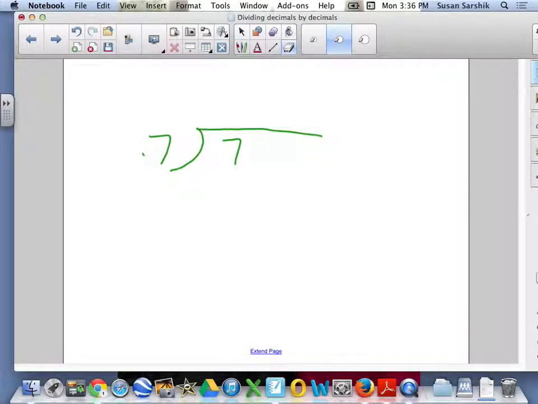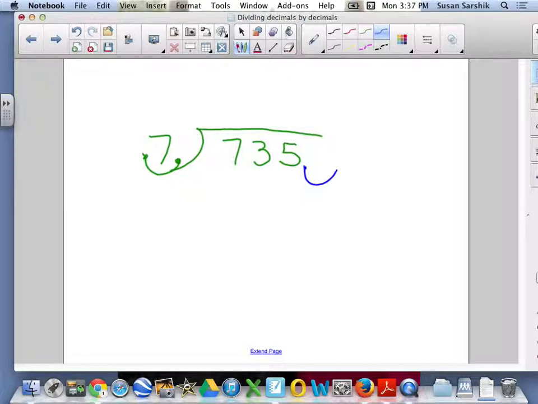Let's say the dividend is 735. So if I have to get rid of this decimal point, I move it one spot. In my dividend, you see no decimal. That means the invisible decimal point is at the end of the whole number. So if I have to move it one place, I add a 0.